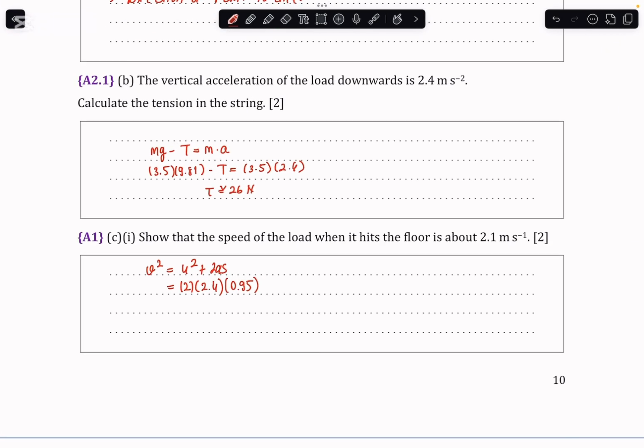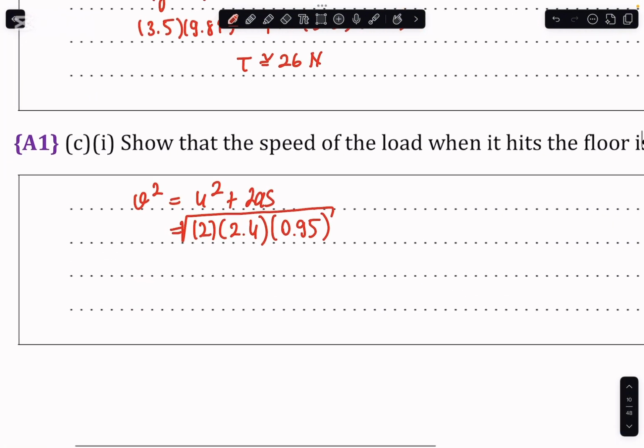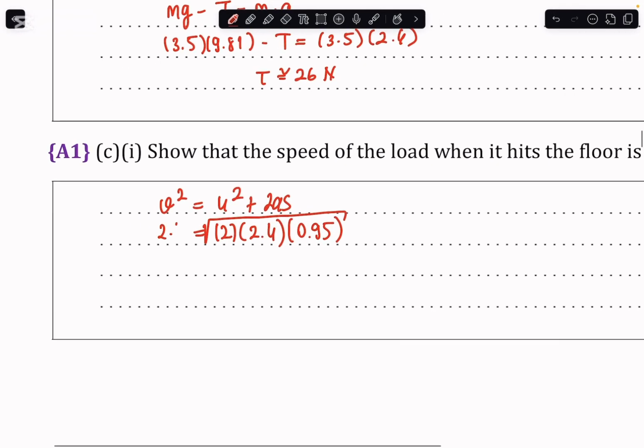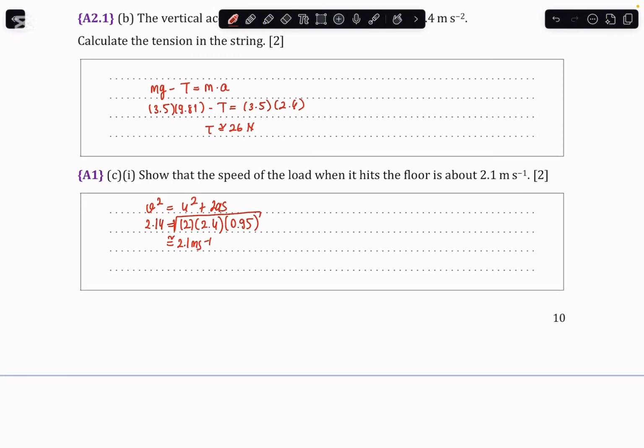When we take the square root, it is close to 2.14. That is 2.1 meters per second.